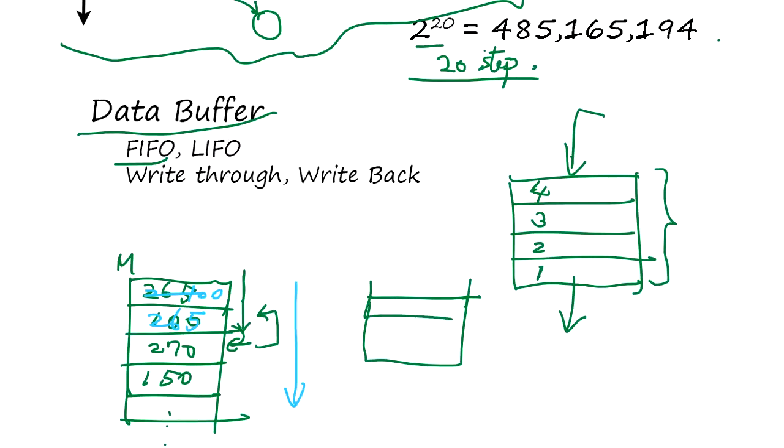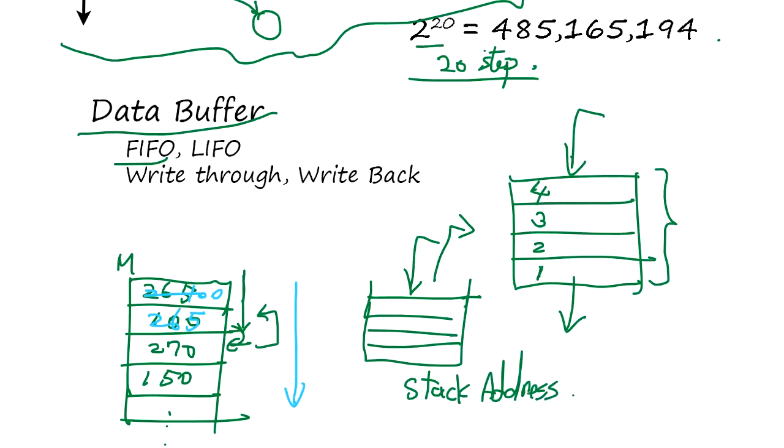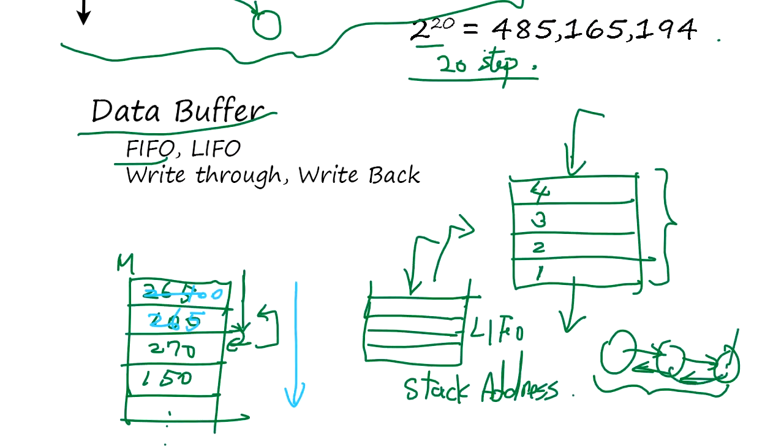And when you have a bucket of data, and the last in goes out first, like a stack address. Okay, because when something is nested, this kind of structure uses LIFO, because the last thing goes out first, and the next one goes out first.